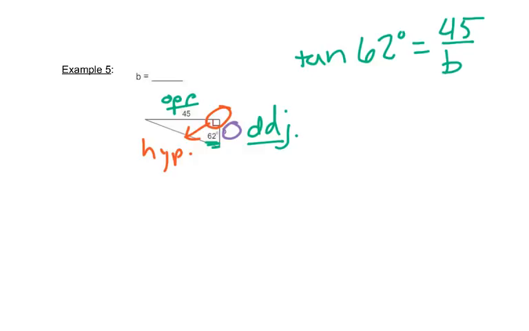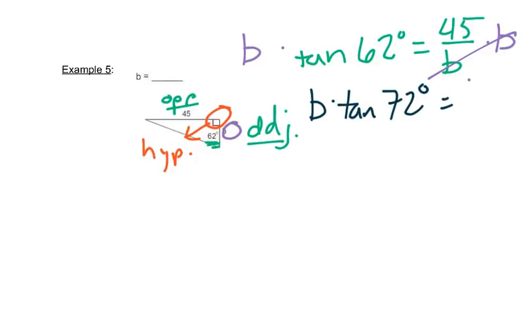This again is one of those weird ones where the letter's in the bottom, so we have to move the letter, multiply by the letter first. So we get B times the tangent of 62 equals 45. And then divide by the tangent of 62 to get the letter by itself.